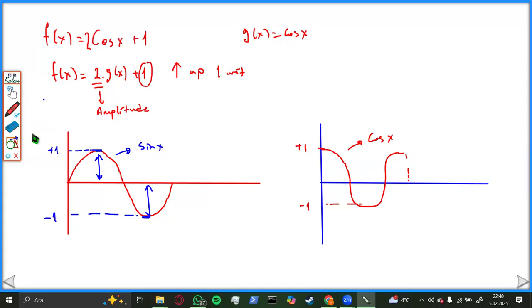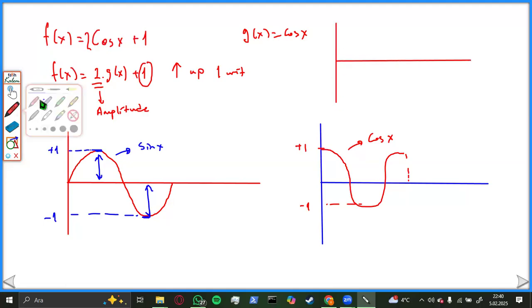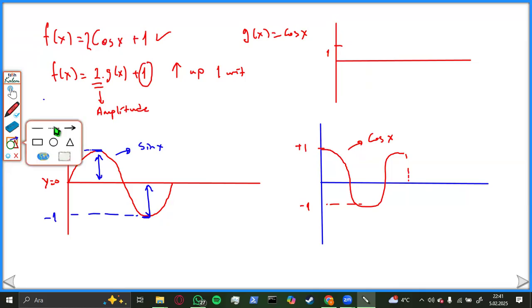Right now, let me show you the translation. Here we can say that the line y equals 0 is the axis of symmetry for the function, and you can easily realize that the axis of symmetry goes up 1 unit, and right now the axis of symmetry is here for that new function.